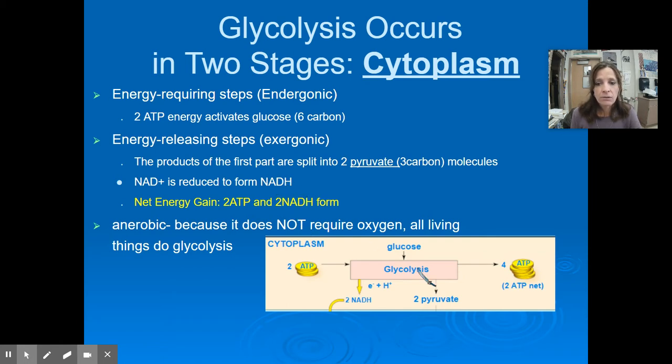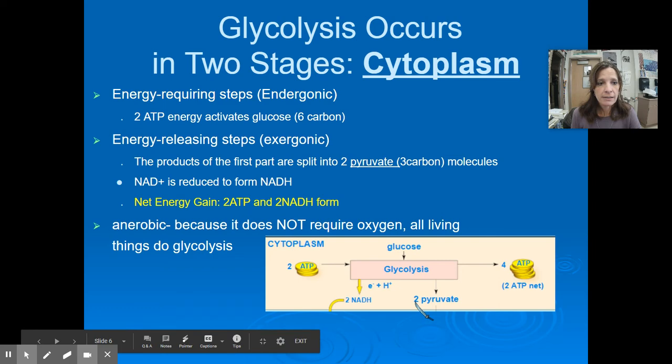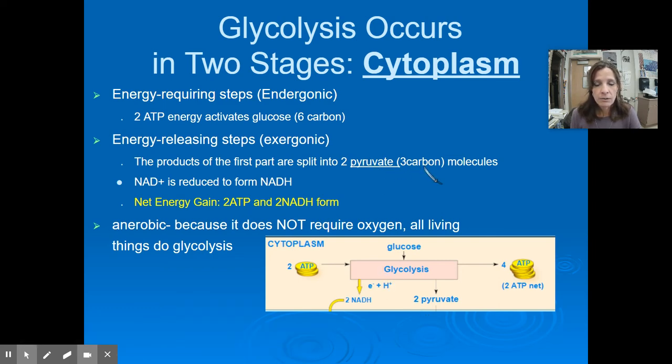You also make two pyruvates. Pyruvates are a 3-carbon sugar because glucose is a 6-carbon sugar, and then you split it in half and you get a 3-carbon sugar. This is considered an anaerobic process because it does not require oxygen, so all living things do glycolysis. Now, some places you might see cytoplasm referred to as cytosol, so just so you know, it's the same thing.